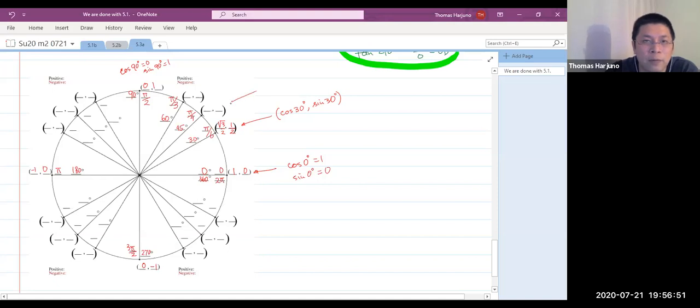For 45 degrees, the first component is cosine: cosine 45 degrees, sine 45 degrees.